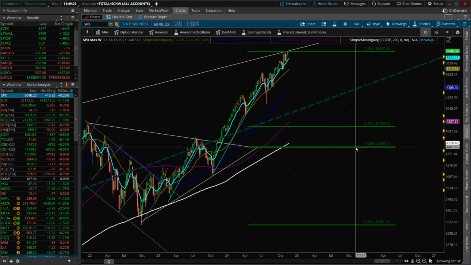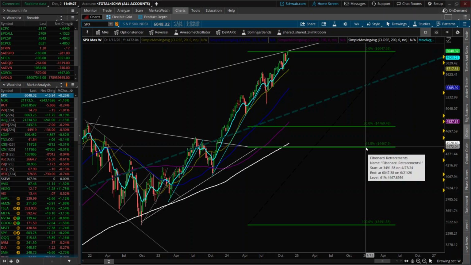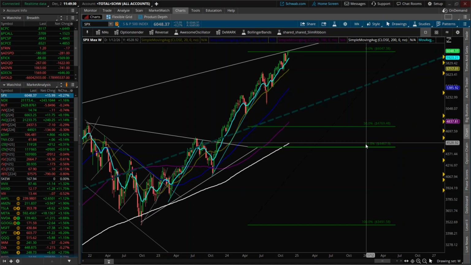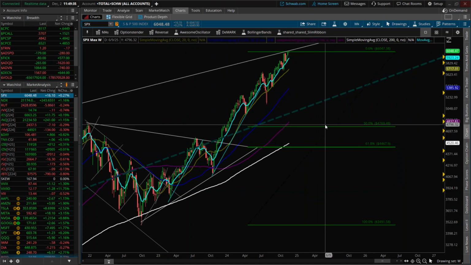So that's a good target, I think. Very conservative target for a recession, but I don't think it's done after that. But this is where we'll look in the first type move.